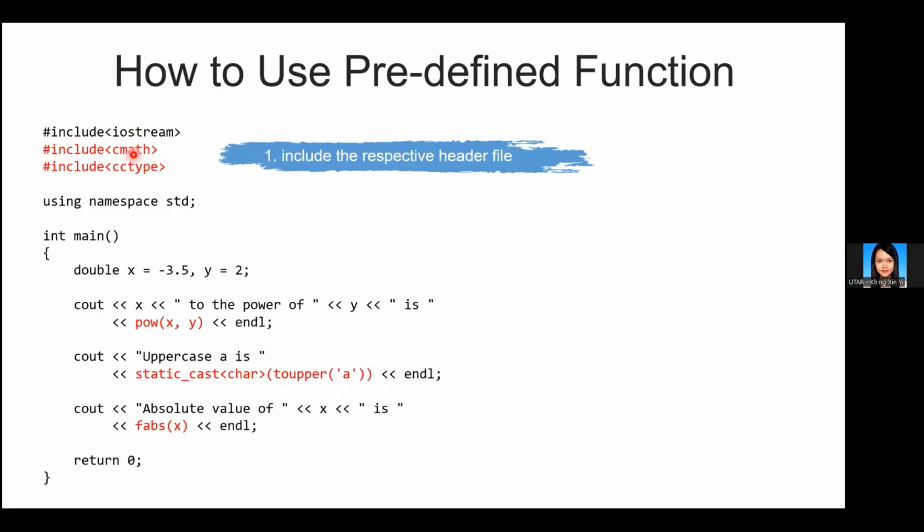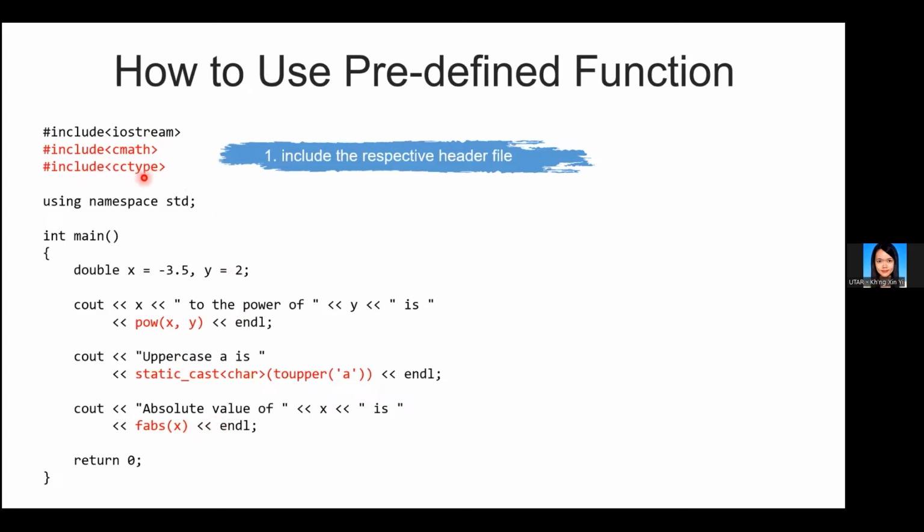The cmath header file has built-in math functions, like the power function, absolute function, and square root function, those related to mathematical calculation.